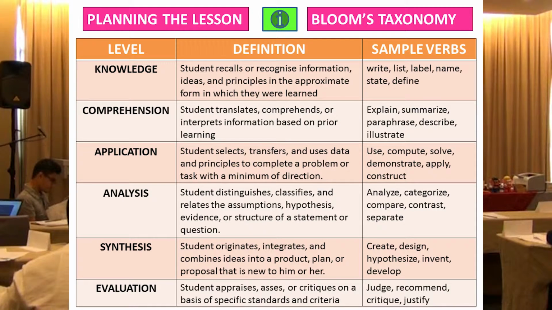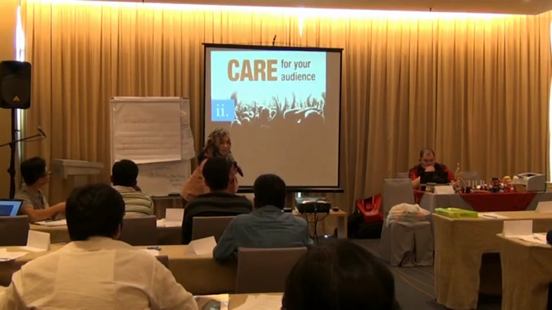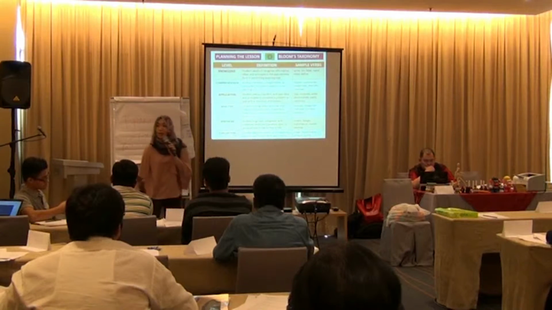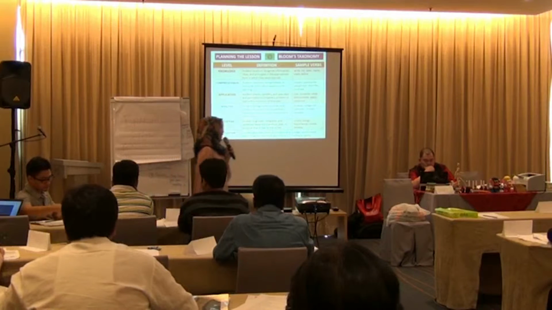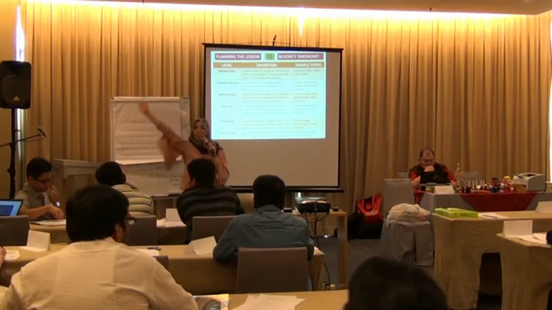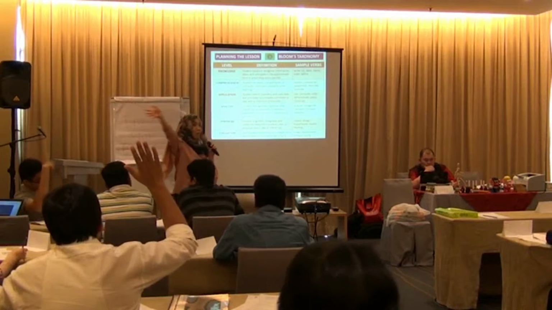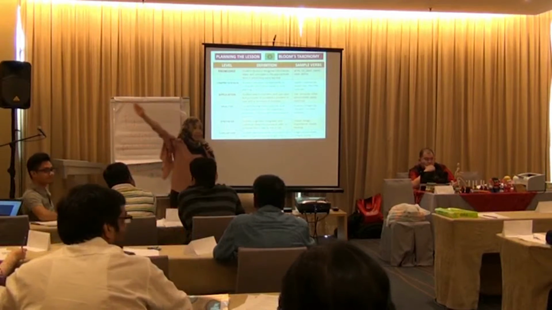And here, the little green box would look at how the planning of a lesson is. You see a diagram of a burger, right? Could you look at the burger diagram? Who likes to eat burgers here? Hands up. How many of you don't eat burgers?